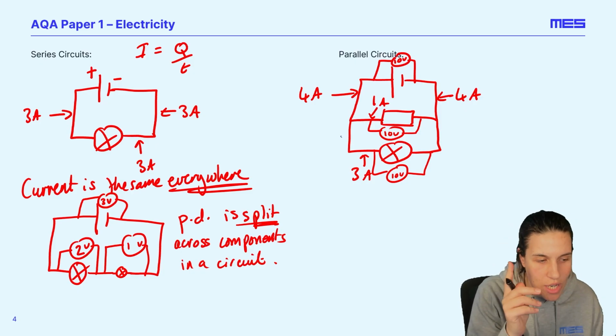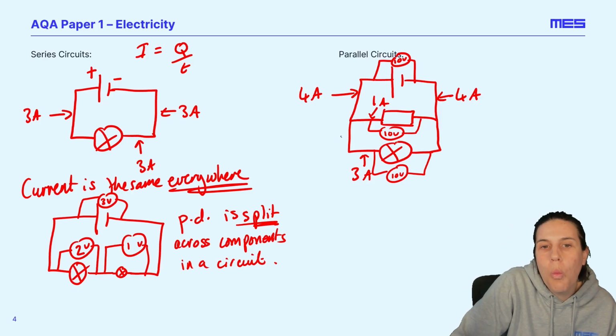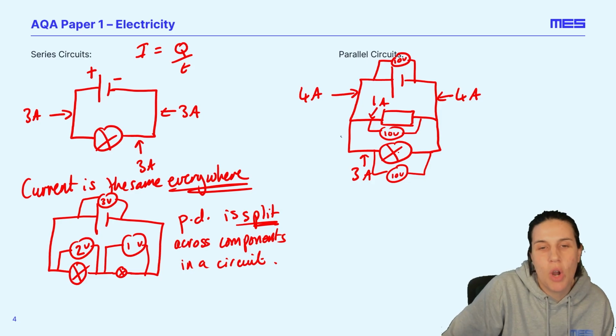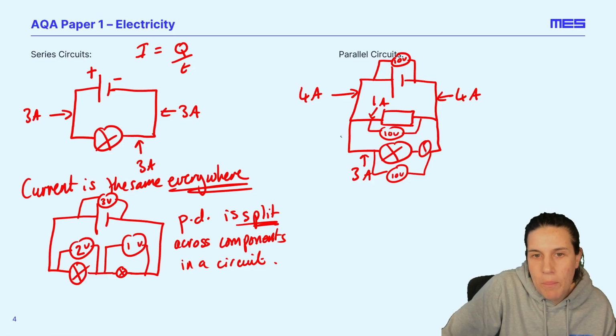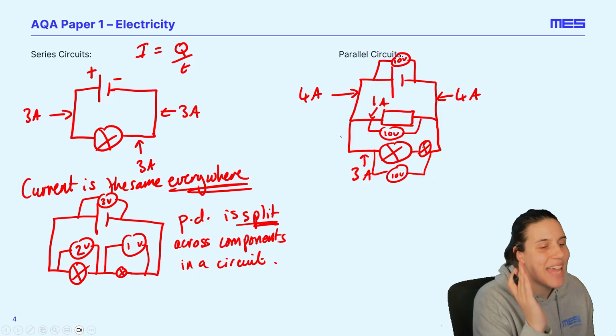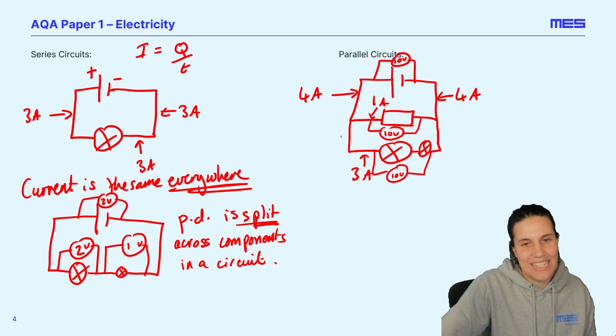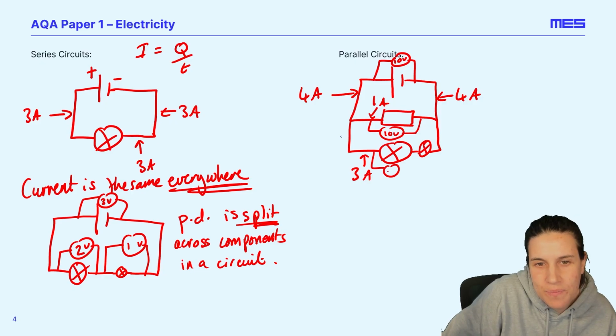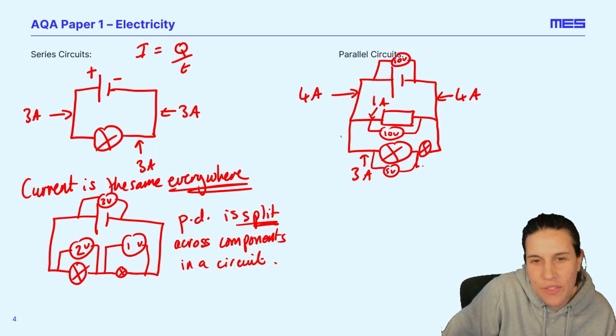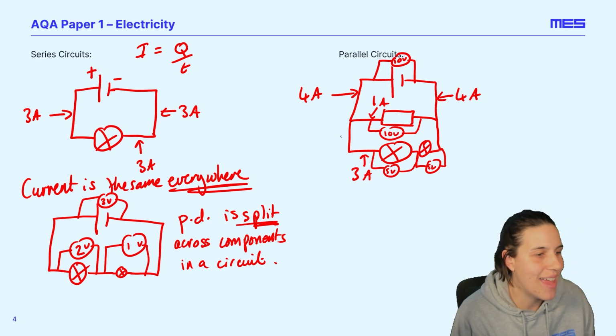Now, this is only true, though, if I've only got one component in this branch. If I had 2 bulbs in this branch, then we'd go back to having our rules again in series. So, for example, for this one, it might be 5 volts over this one, and if the bulbs are identical, another 5 volts over that one there, like that.